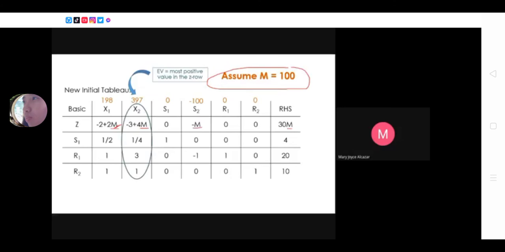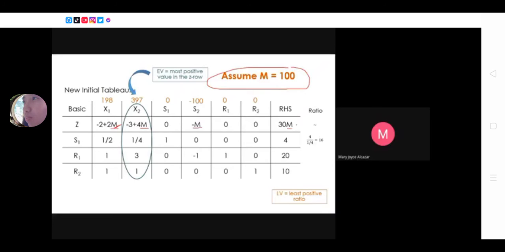Then after, we need to identify the leaving variable, which has the least positive ratio. So we will get the ratio. We divide the RHS terms by the corresponding values in the pivot column. So we don't usually use Z as a leaving variable.